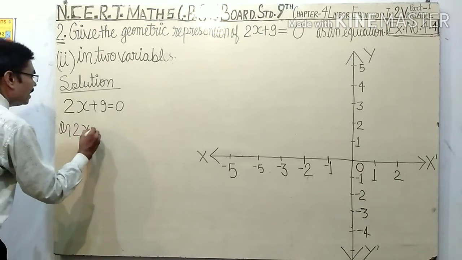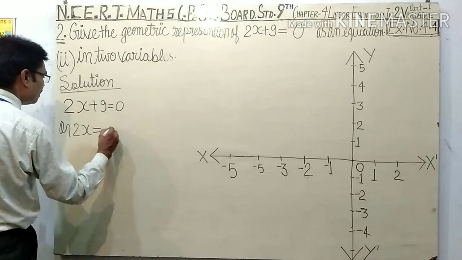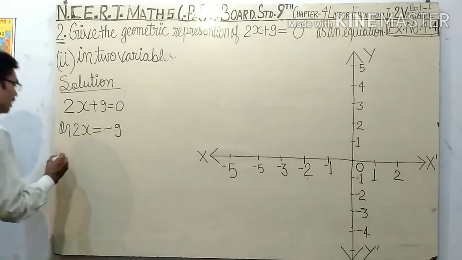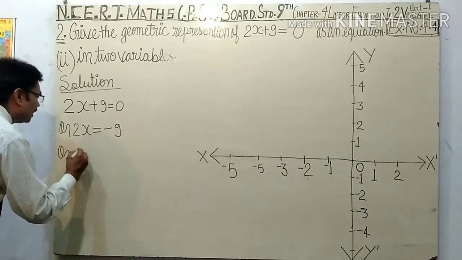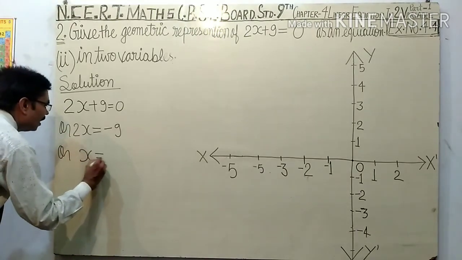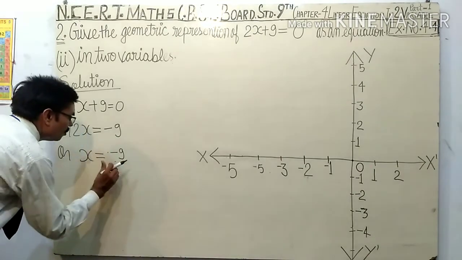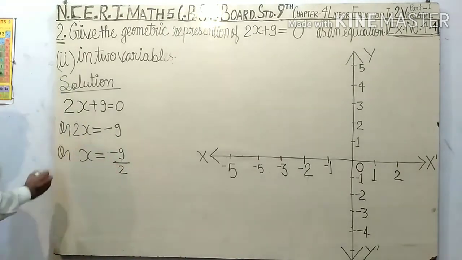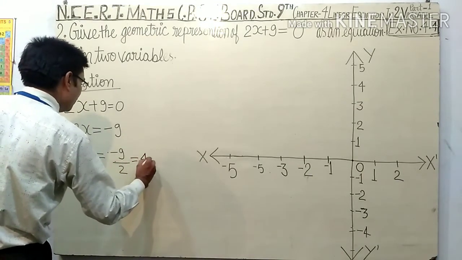By transferring 9 to the right hand side, we get 2x equals -9. Now by transferring 2 from the left hand side to the right hand side, we get x equals -9 by 2. So students, this can be written as -4.5.